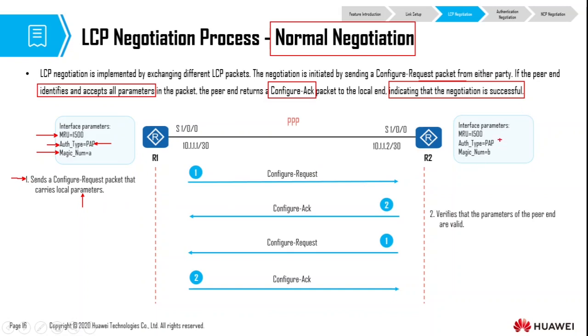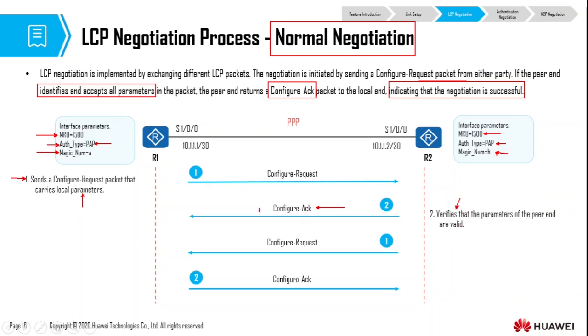Now, when we send those parameters, if the peer device R2 is able to identify all those 3 parameters, then it's going to respond with a configure acknowledgement. So configure acknowledgement verifies that the parameters of the peer end are valid.